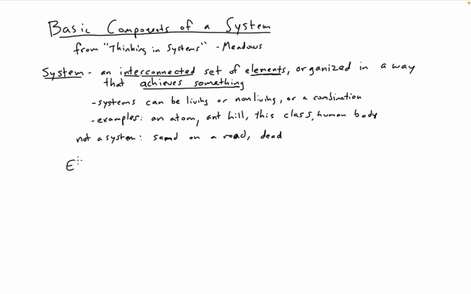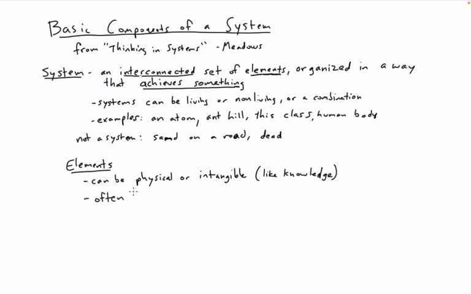Let's look at these parts in more detail. Elements. These can be physical, or they could be intangible. Things like knowledge, things that are a little bit hard to put your finger on. And the elements can often be interchangeable.